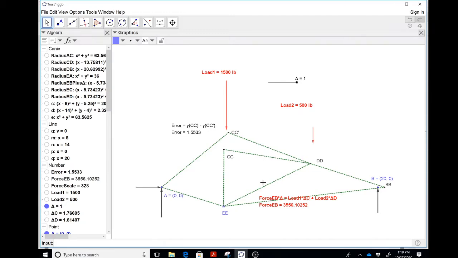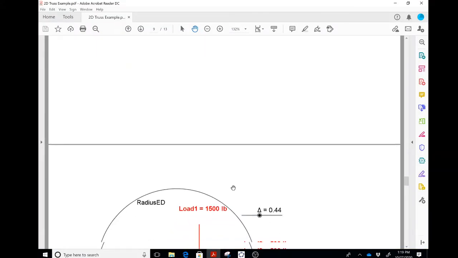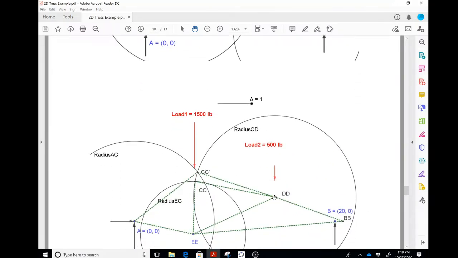Now notice what happened here, and I think this is a good way of doing it, but I haven't quite decided yet. I have an extra equation because I have only really one more point here. I found DD, I have found BB, I found EE. A is not moving, so all I really need is CC.